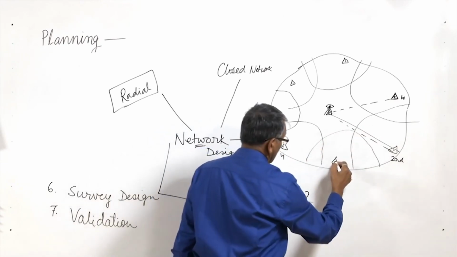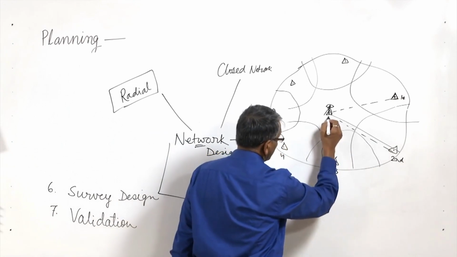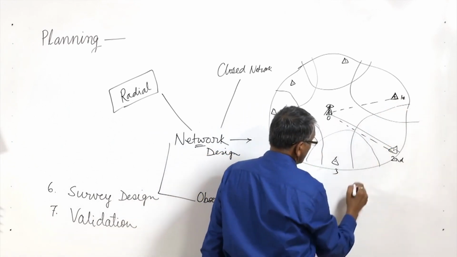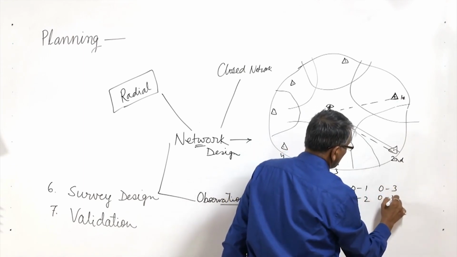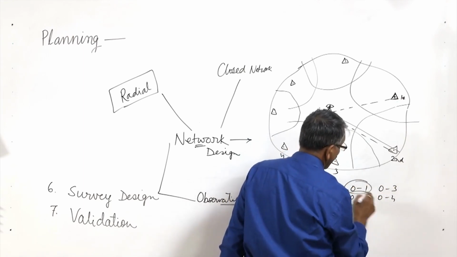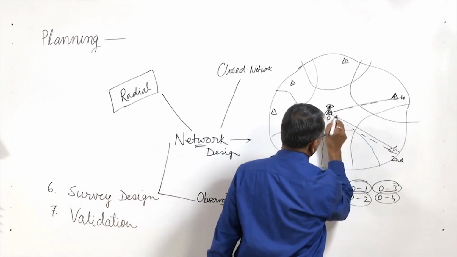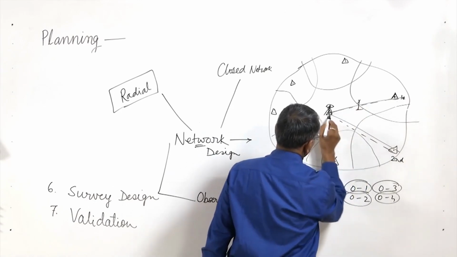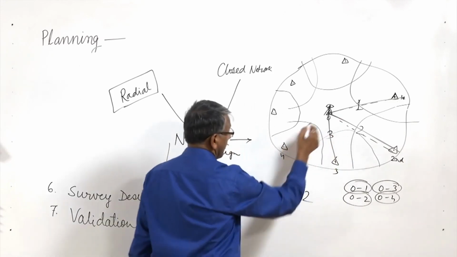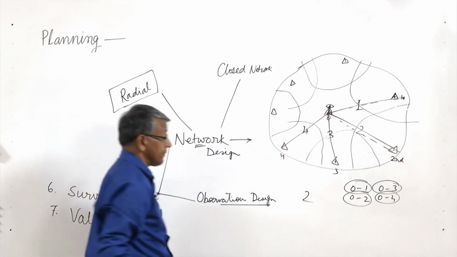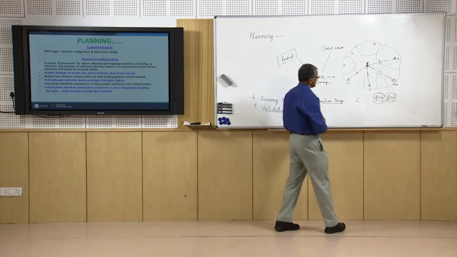So the configuration is like that: 0-1, 0-2, 0-3, 0-4, meaning each of these is a baseline. We take readings between these two first, then these two second, then these two third, this is the fourth, like that. So, this is called the radial method of network or radial observation.